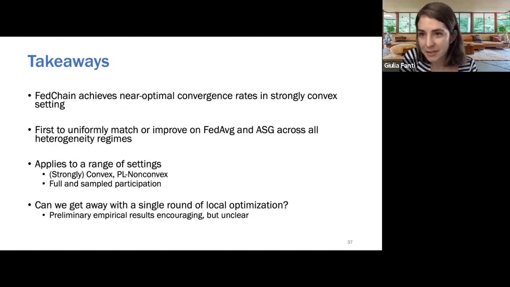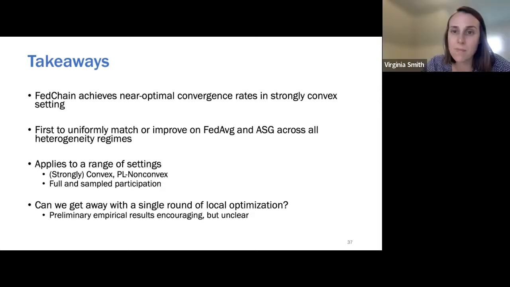I think we're still trying to figure that out. We did evaluate FedChain on multiple non-convex data sets, and we saw similar trends, which is that FedAvg is pretty good for most of the optimization, but then towards the end, if you switch, you do get a bump.